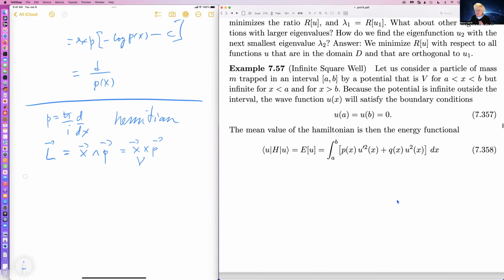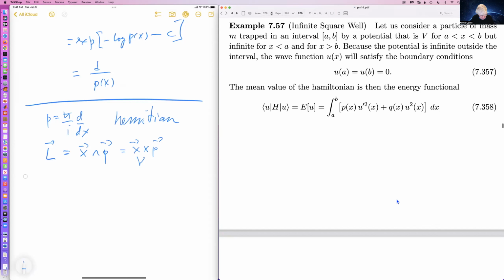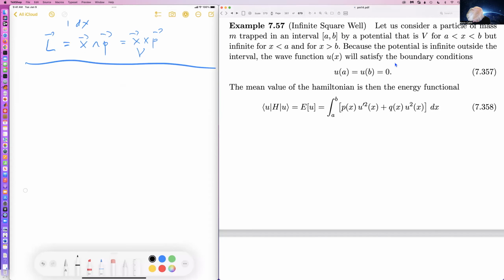An example is the infinite square well. I dropped my pen, so what we've got here is, let us say, we have a potential that looks like this, and it's V here, infinite otherwise.